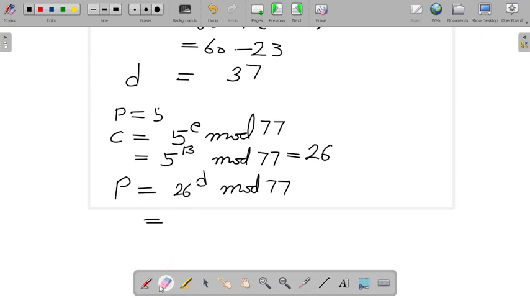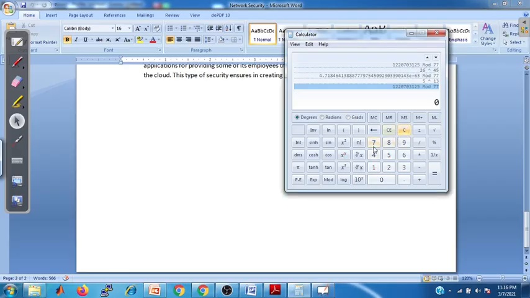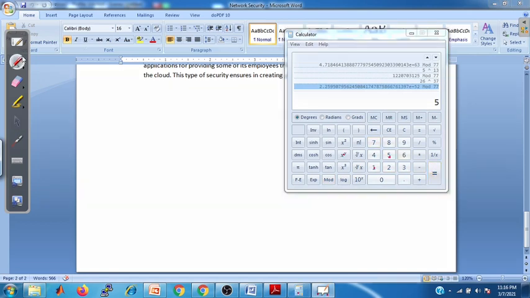So 26 to the power D, which is 37, mod 77. Let's move to the calculator. What did we receive? 26 to the power 37 mod 77. Look, 5. You get the same result, 5.